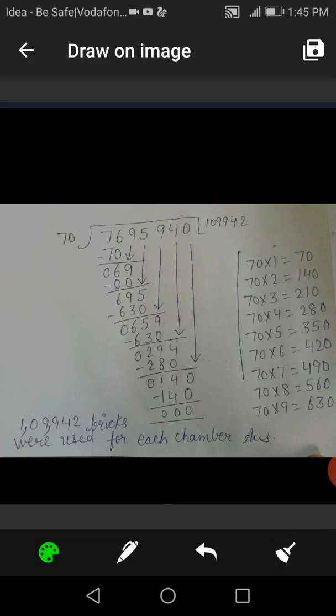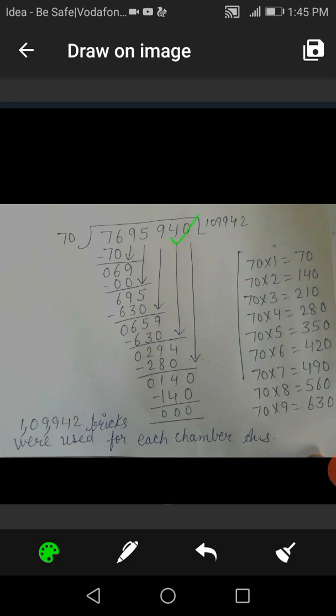Bring 9 down, so it becomes 659. 70 nines are 630 and 70 tens are 700, we cannot write a greater number, so write 9. Subtract 630, you will get 29 after subtraction.